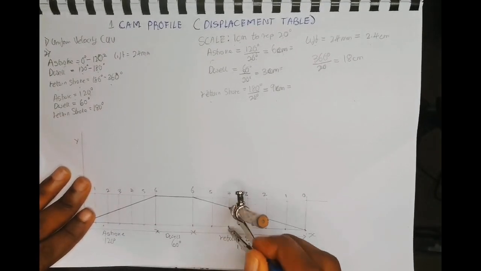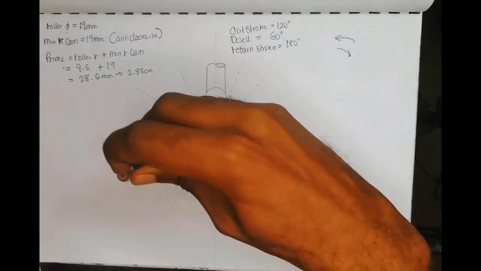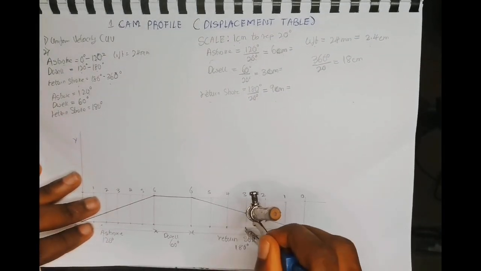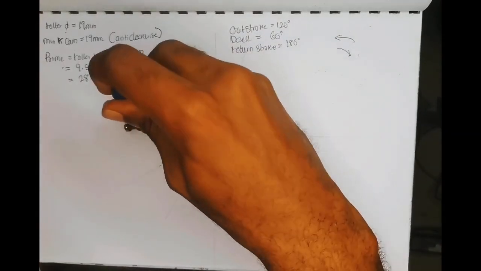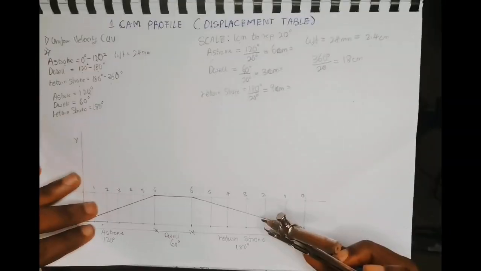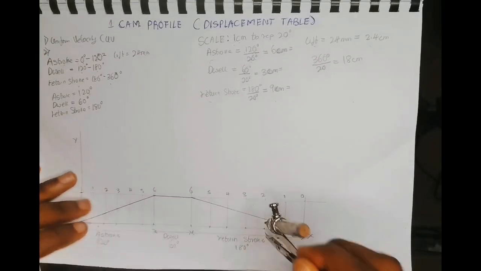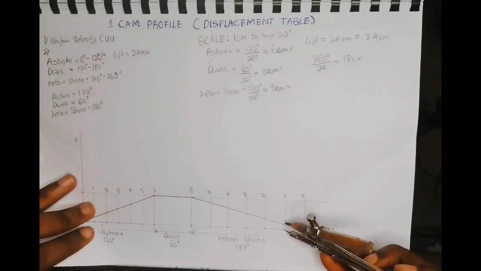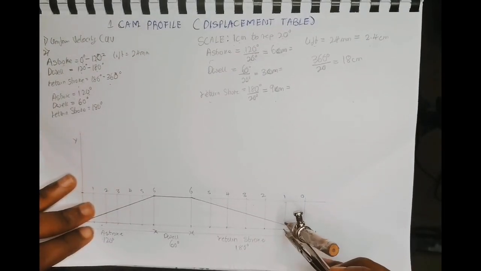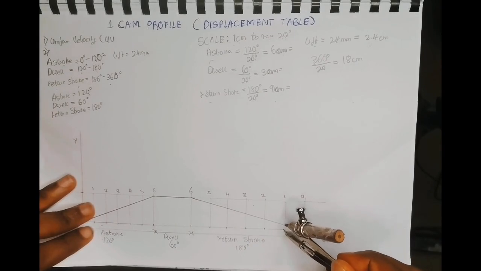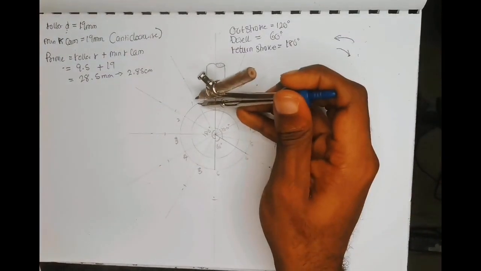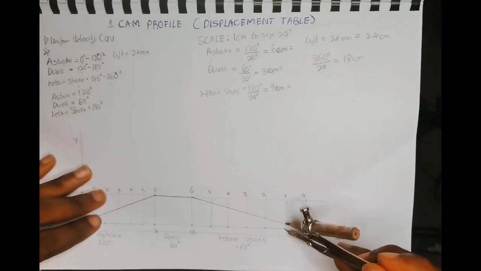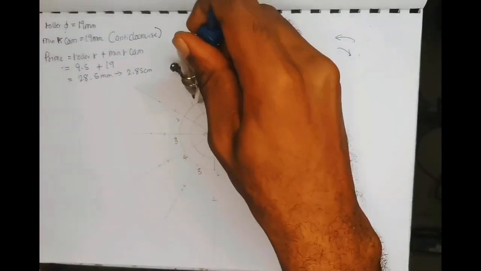Just the same process as we did. Last we extend to 1, then you mark at 1 here.